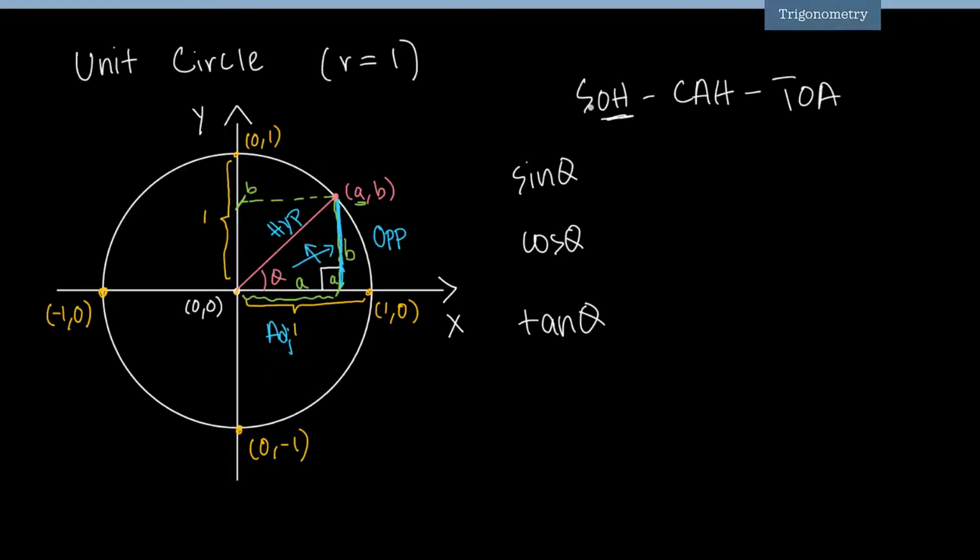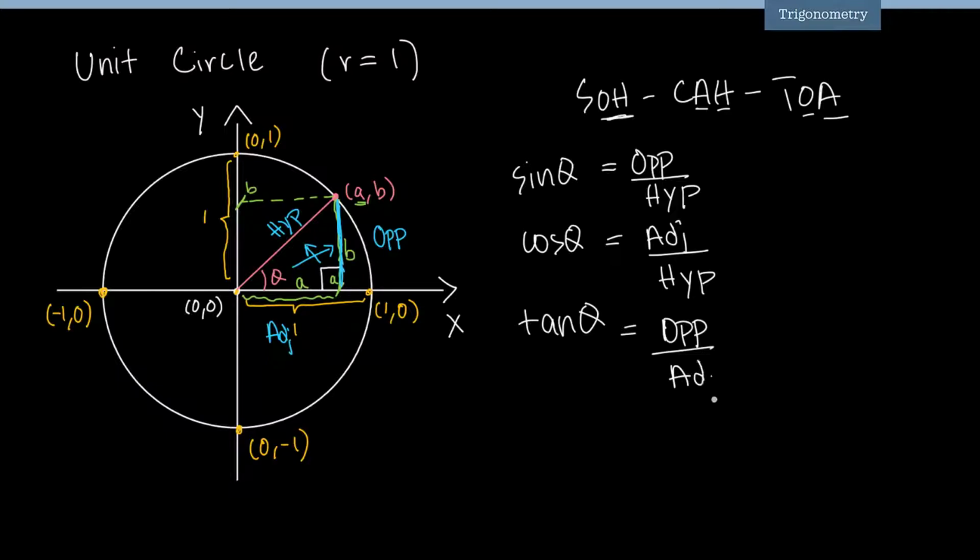So sine theta is opposite upon hypotenuse, cosine theta is adjacent upon hypotenuse, and tangent of theta is opposite upon adjacent.